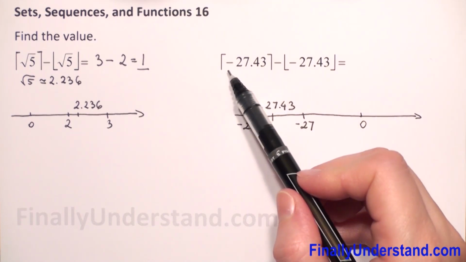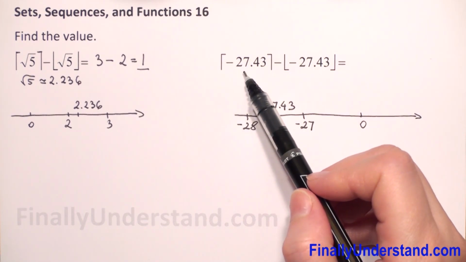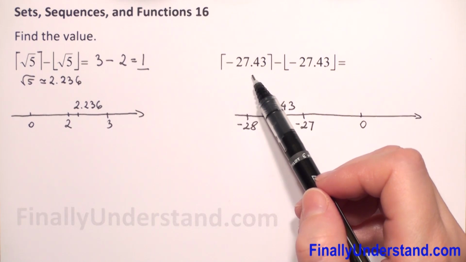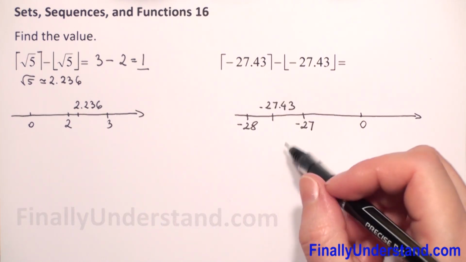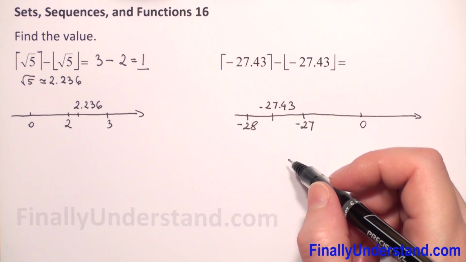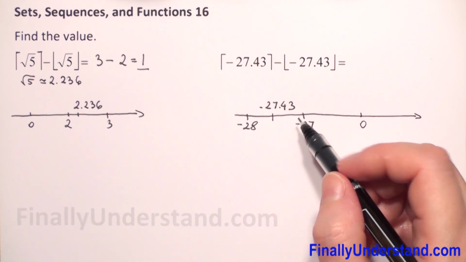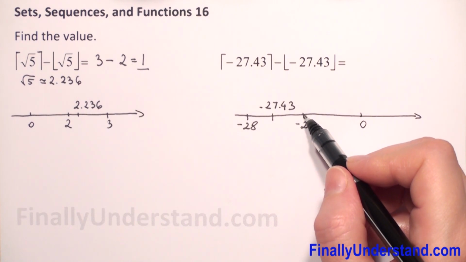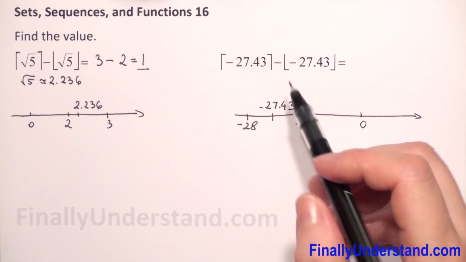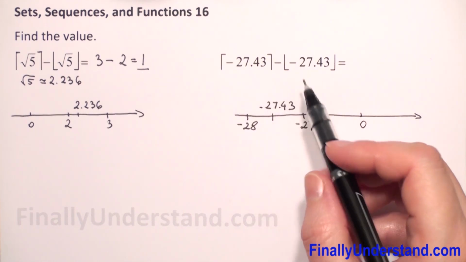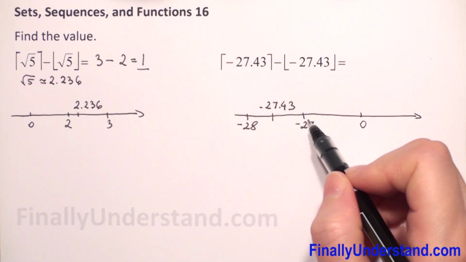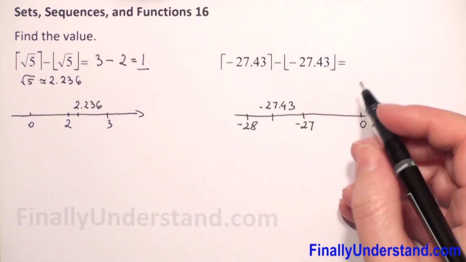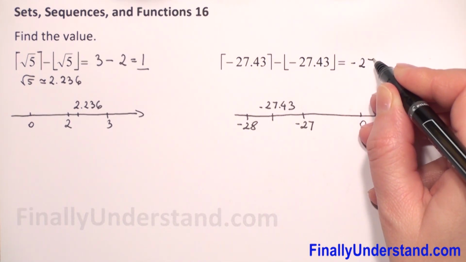First we have to find the ceiling of this number. Ceiling means we have to find the smallest integer that is at least as big as this number. So the smallest integer will be negative 27, on the right side. Whenever we find a ceiling, it is on the right side of this number. So this is negative 27.